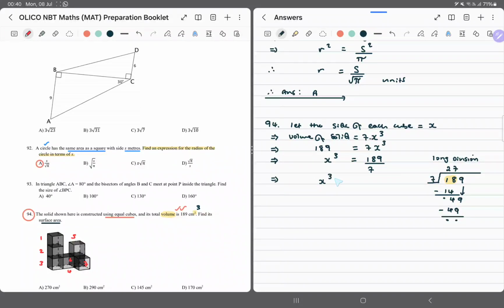So this implies that x cubed is equal to 27. All right, we want each dimension here. So x cubed is equal to 3 cubed. Now same exponents, we can equate the bases.